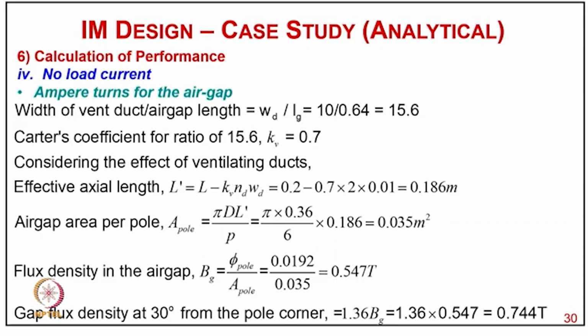The air gap area per pole, A pole, equal to pi D L dash upon P, putting a value, it comes 0.035 square meter. And the flux density in the air gap, we can find out B equal to phi pole upon A pole, it comes 0.547 Tesla, and the gap flux density at 30 degrees from the pole is 1.36 Bg, it comes 0.744 Tesla.